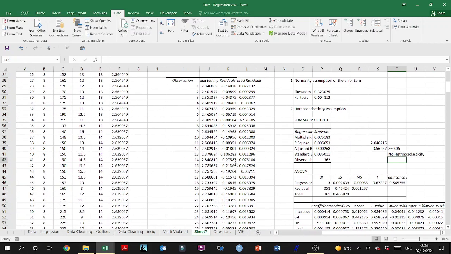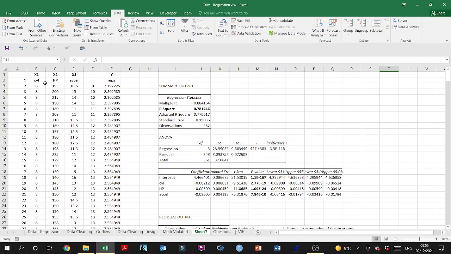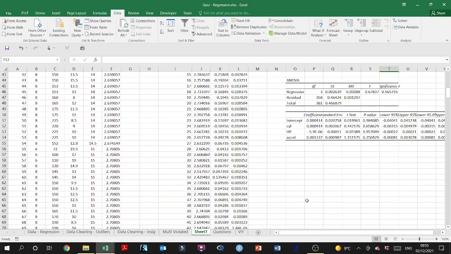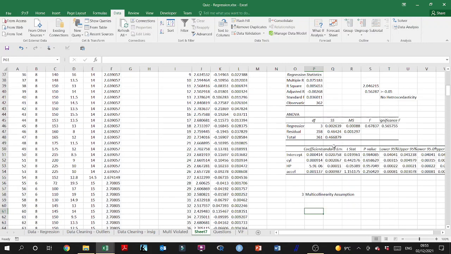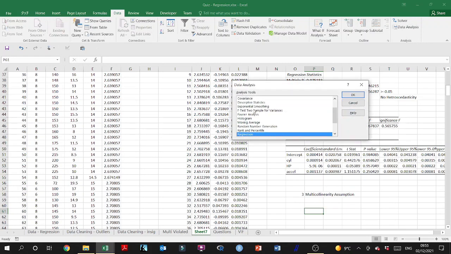So now we are going to move on to the VIF. Before I move this time to the VIF, here's the third one, the multicollinearity assumption. Not assumptions, but one assumption only. I'd like to do the correlation this time and see how it is.